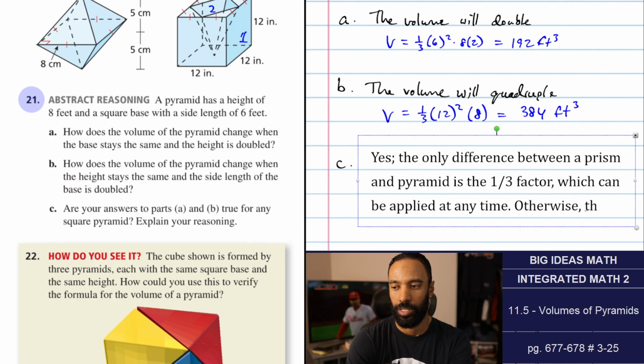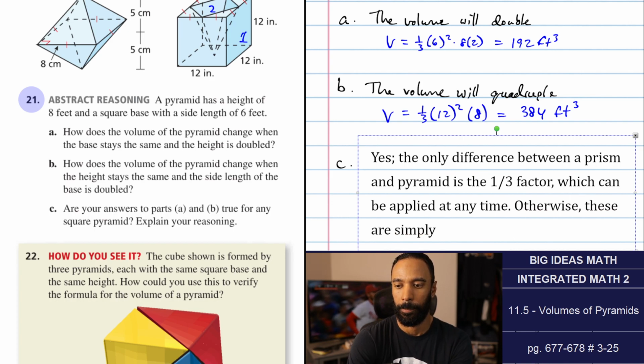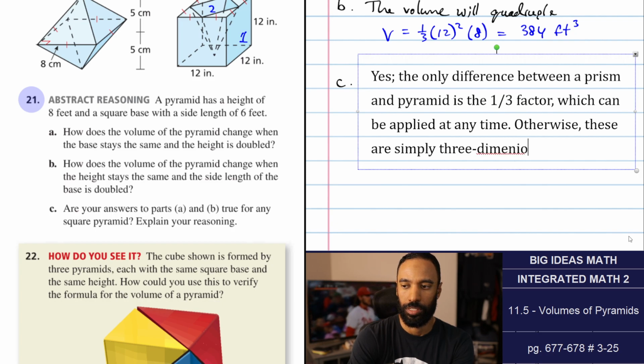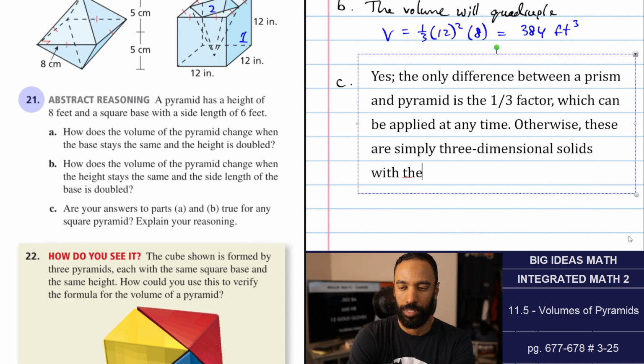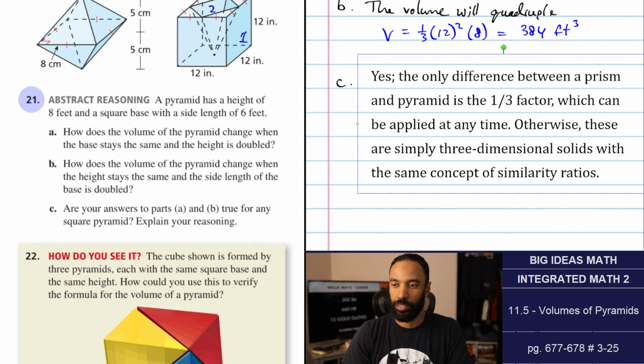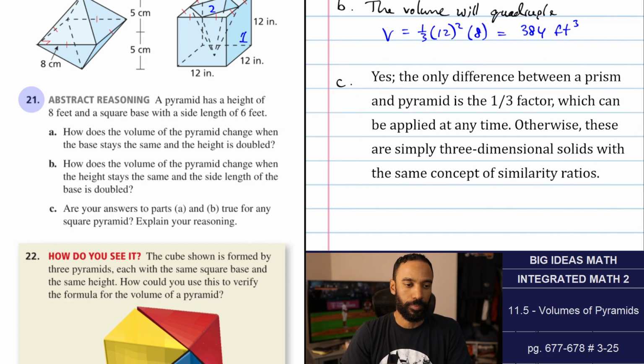Otherwise, these are simply three-dimensional solids with the same concept of dimensionality and similarity ratios. If you double 2 dimensions, you're going to be quadrupling your thing as a whole versus 1.